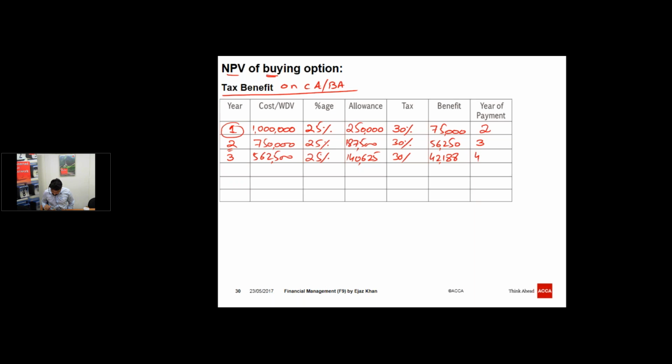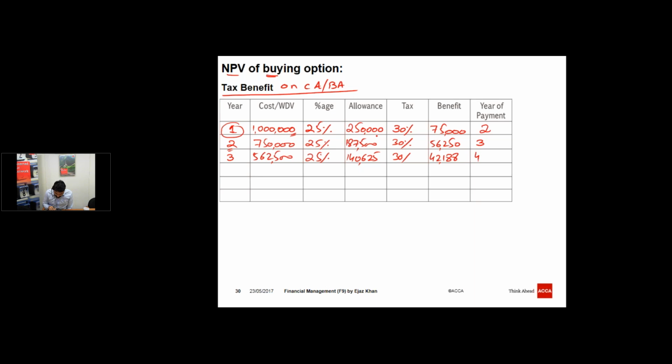Now just wait. Now we are in the last year of the life of the technology. It's a 4-year technology and we are now at the last year. So just hold. Just look at this. We spent 1 million.